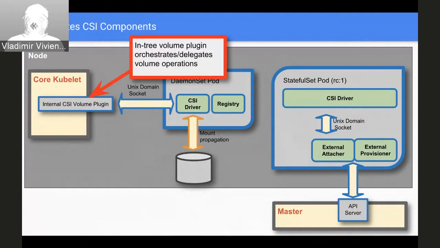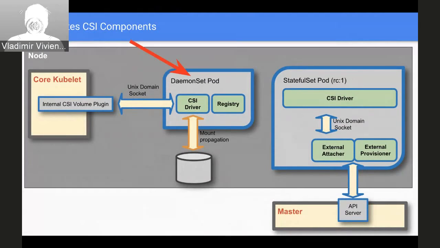The way CSI has been implemented is that we still have an in-tree CSI driver that lives inside Kubernetes, but its role is strictly to orchestrate and talk to external drivers. It doesn't itself provide any volume operations directly.